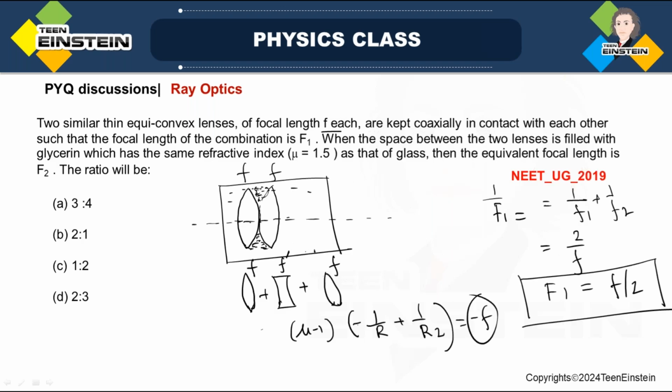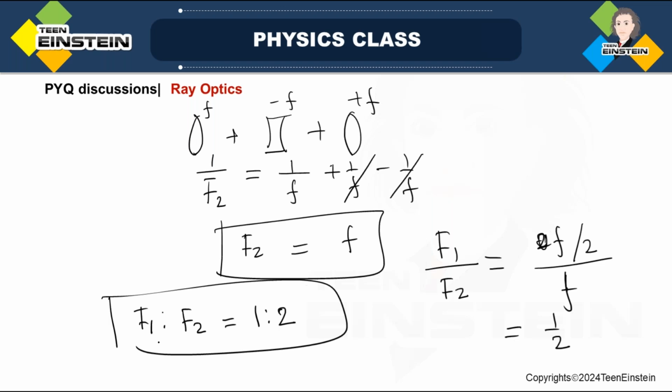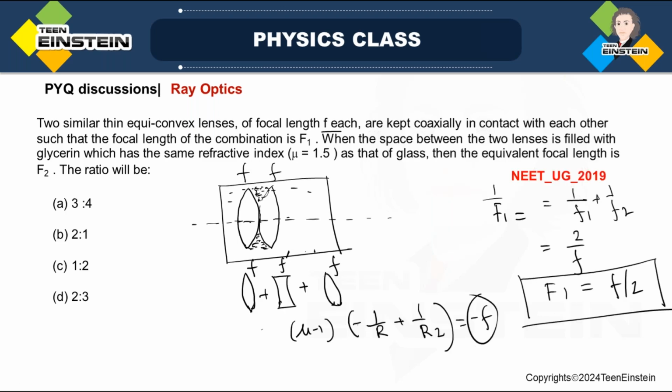Yes, f by 2 by this. So I get f1 by f2 as 1 by 2. That means f1 is to f2 is equal to 1 is to 2. This will be the answer, and this option is there. So option C will be the correct answer for this question.